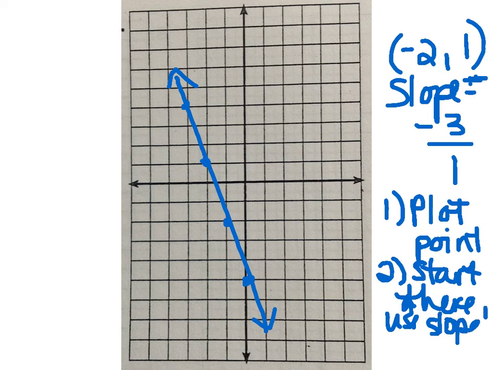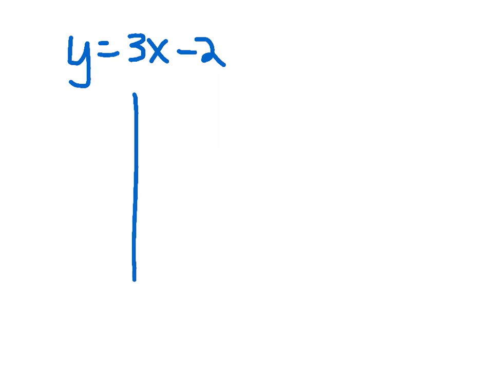Start there and use the slope. So once we had negative 2, 1 graphed here, we then used our slope ratio, down 3 over 1. What you are also asked to do is find the slope of each line. And let's say the line is y equals 3x minus 2. Well, you could find some solutions.